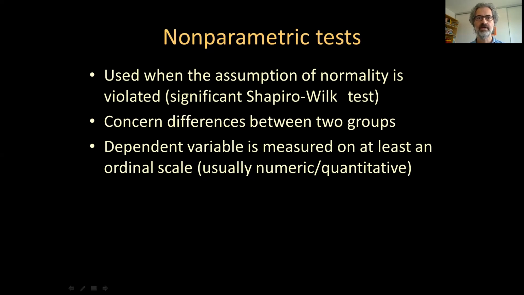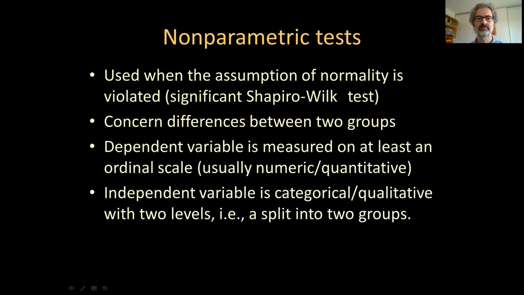However, the non-parametric tests work with ordinal scale dependent variables anyway. The independent variable, like for the t-tests, must be a categorical or quantitative variable with just two levels. That is, our independent variable is a two-group split.